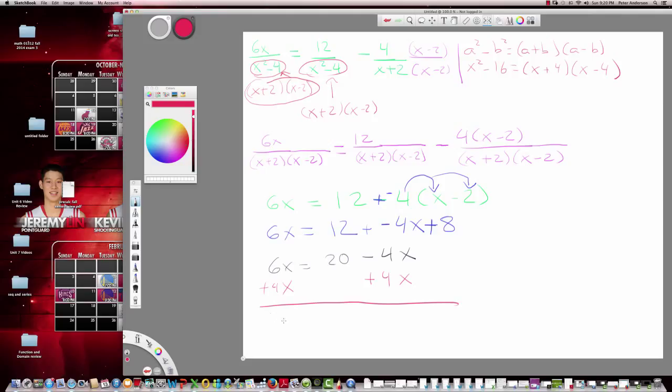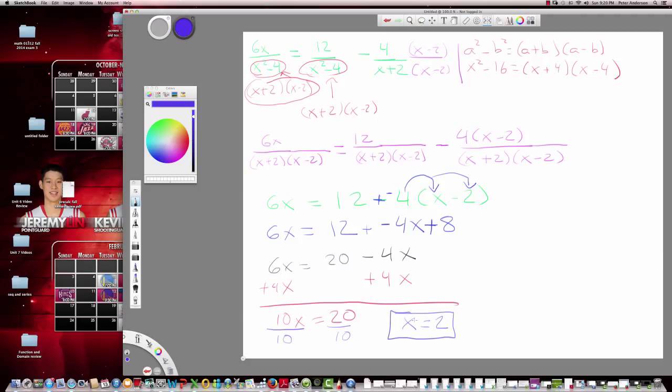I arrive at 10x equals 20. Finishing them off, divide through by 10. x is 2. And I'm done.